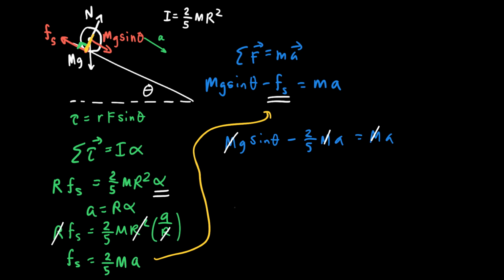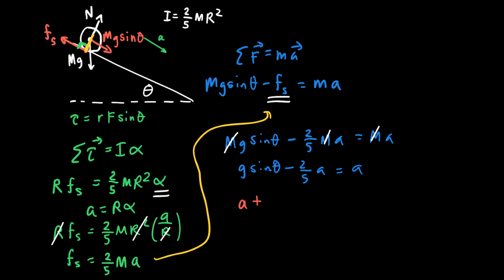What I'm left with is g sine theta minus 2/5 a equals a. Since the 2/5 a and a are terms that both include a, I'm going to go ahead and get those on the same side, and then I'm also going to flip the equation.